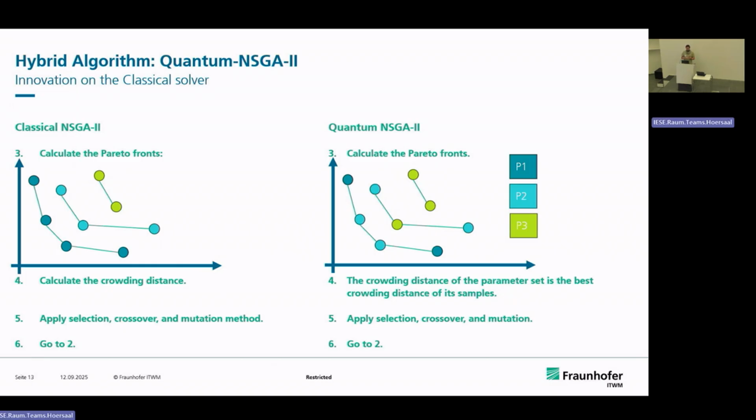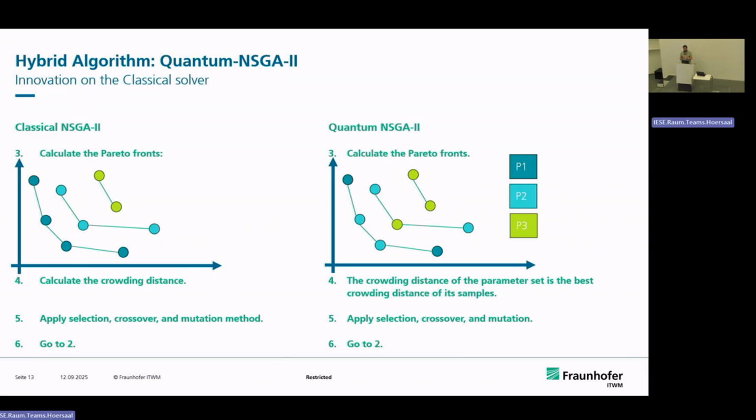And then, because it's a genetic algorithm, we also apply genetic ideas like selection. So which one do we select for recombination? We do some crossover, where we recombine solutions, and then we also do some mutations, for example a bit flip in a binary setting. And then we repeat this process, and this works well classically.